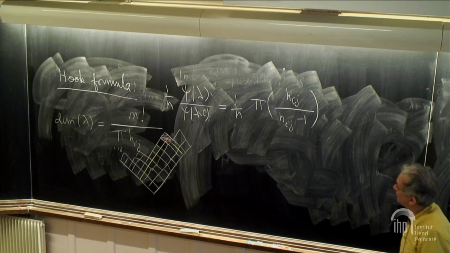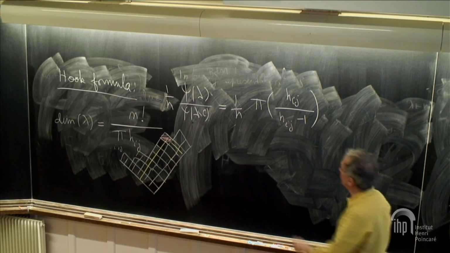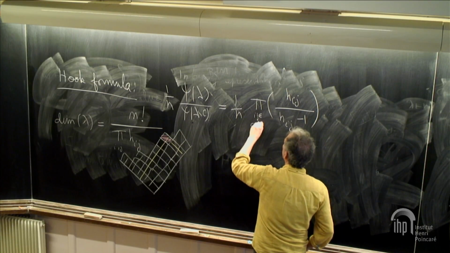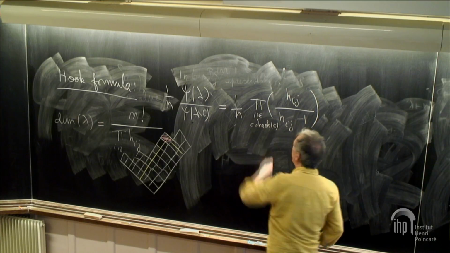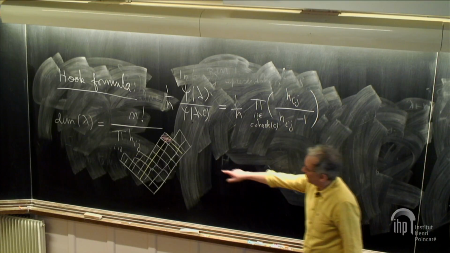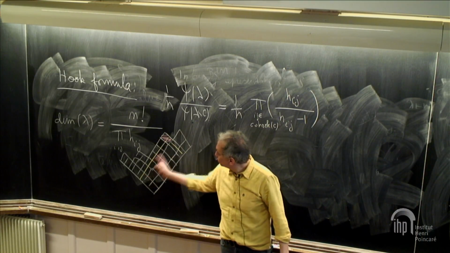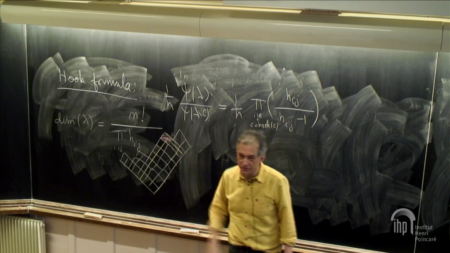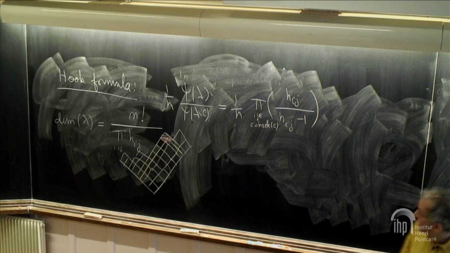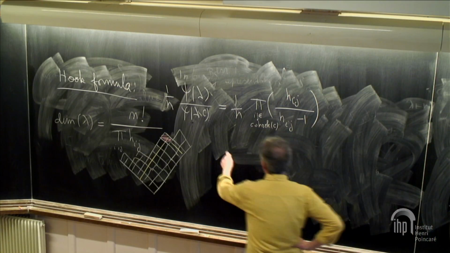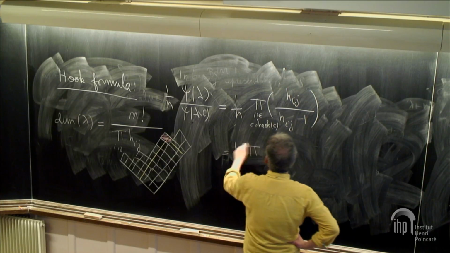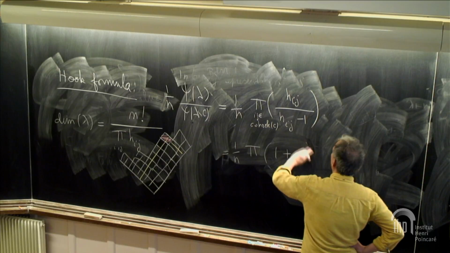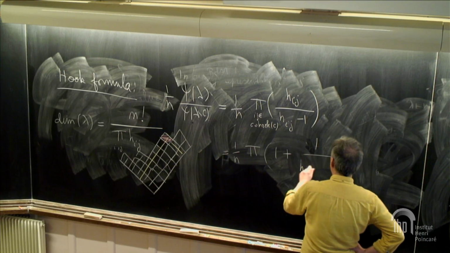What I get is a product over ij which belong to the cohook of C. By cohook I mean the boxes whose hook has one of its ends in the box in the corner C. Now this is 1 over n, the product of 1 plus 1 over hij minus 1.